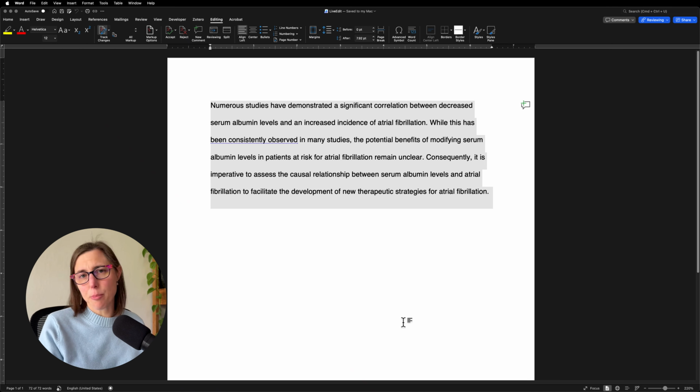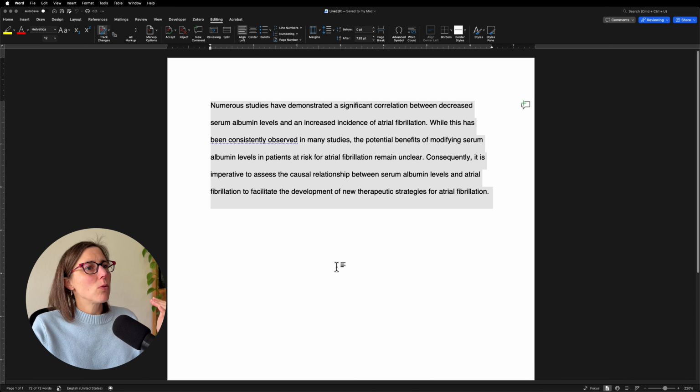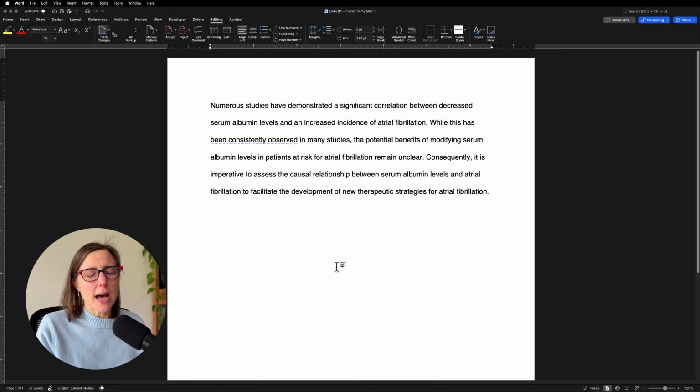So let's see what happens as we revise it. So I'm going to keep in mind that I want to add a topic sentence. And to do that, I'm actually going to use some of the information that's in this first sentence.